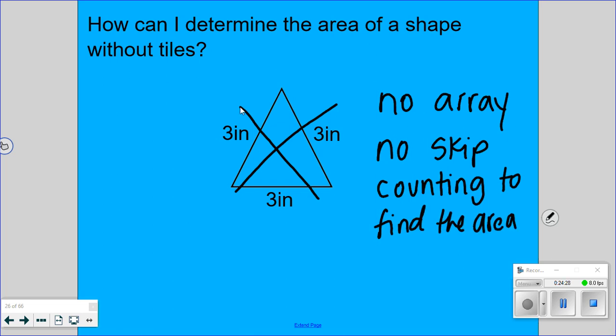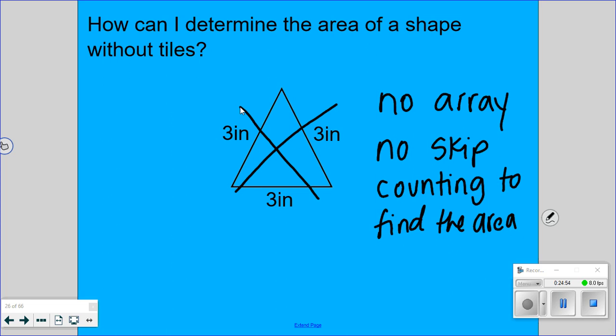Now, could I squish in some tiles, maybe cut some tiles like we did when we sticky noted our desk? Sure. It would not be very easy. It would kind of be a bummer to do that, but you could do that. But we can use that shortcut that we just looked at, where we can use what we know about an array to skip count if it looks like an array.